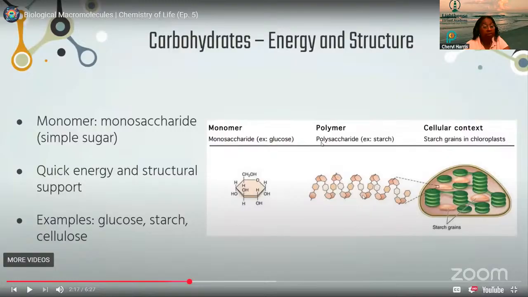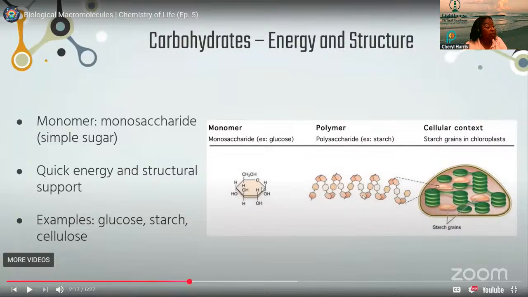So the monomer is a monosaccharide, meaning one. Saccharide is a sugar unit. Carbohydrates are sugars. So we have one sugar unit, and poly means many. In the picture, you see that there are many of those. The thing that we're going to put in the distinguishing feature is that a sugar molecule can be a hexagon or a pentagon in structure.